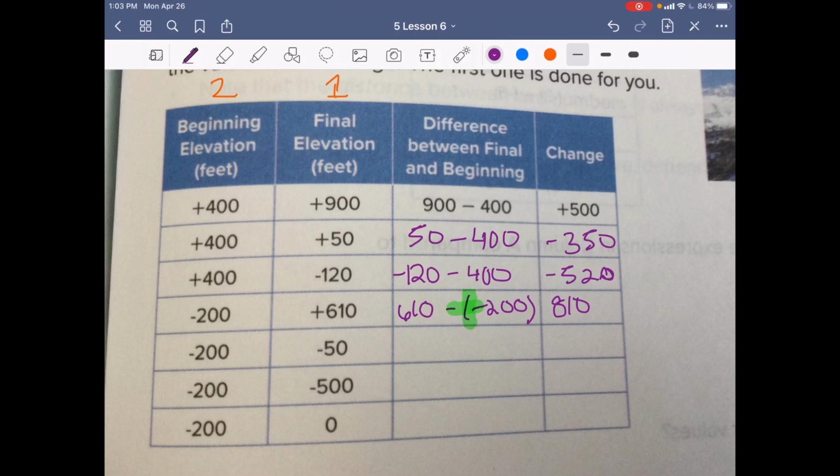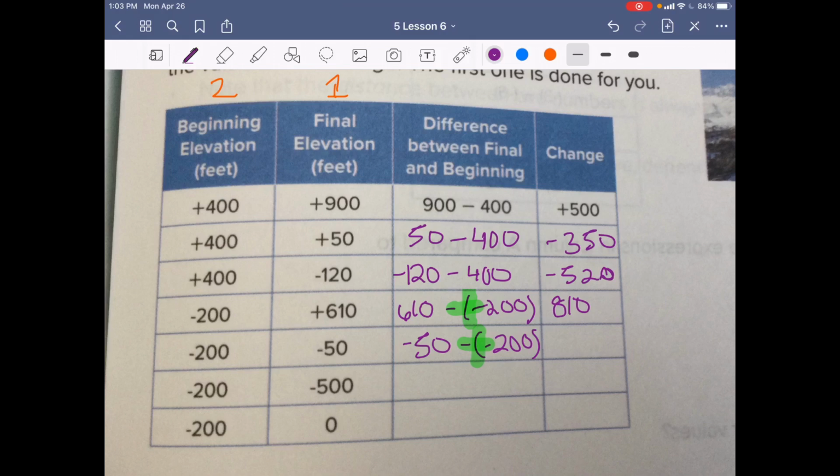Our next one, we have negative 50 minus negative 200. Again, we're going to change this to a positive, and keep that sign.